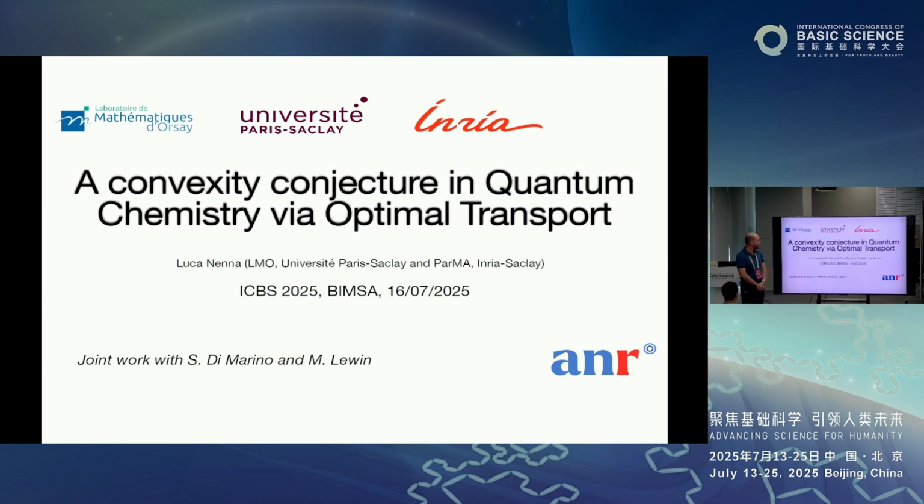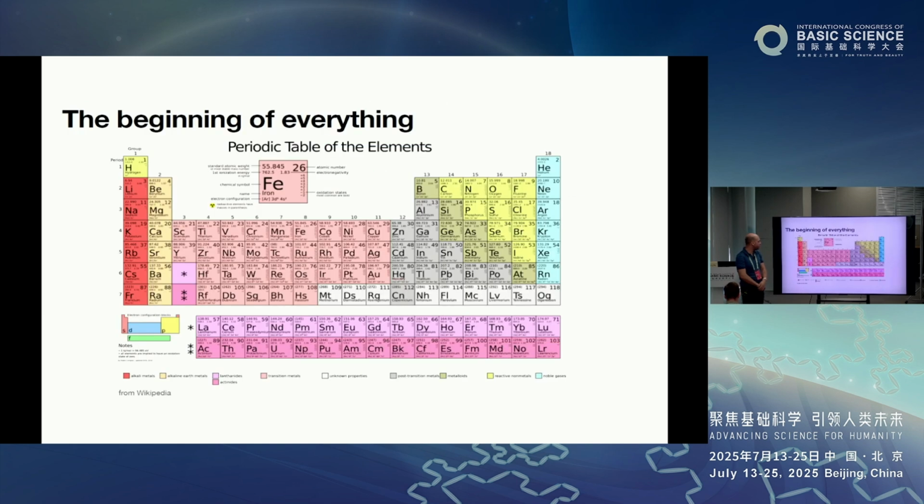So everything starts with something that at a certain point we have all seen in high school maybe, which is the periodic table of elements. So you have here all the atoms that you have in nature. And today we are mostly interested in this number which appears in the top right corner of this table, which is the atomic number. So morally, it's telling you how many protons and electrons are in your atom.